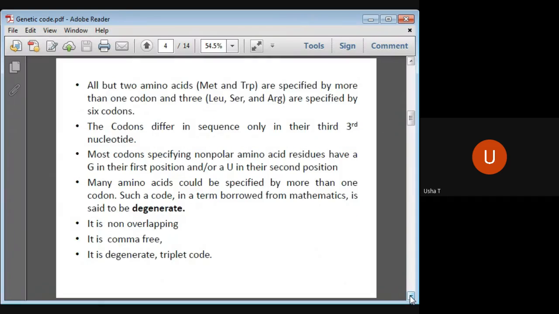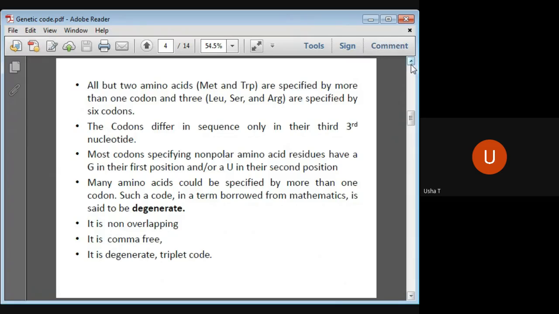All but two amino acids, methionine and tryptophan, are specified by more than one codon, and three, leucine, serine, and arginine, are specified by six codons. So, if we look into the table, the amino acids methionine and tryptophan are coded by only one codon each.